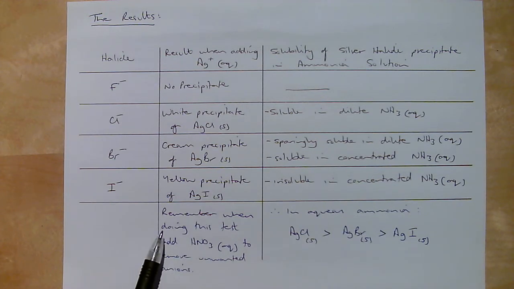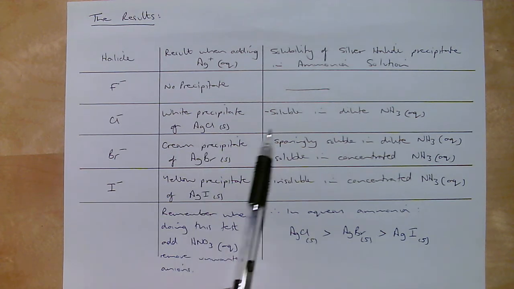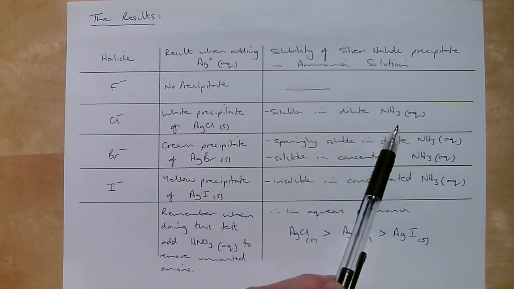And then also just remember that when doing this test, you add dilute nitric acid to remove any unwanted anions at the start of the experiment. Okay, and then the solubility of these silver halide precipitates in ammonia is as follows. Silver chloride is soluble in dilute ammonia.